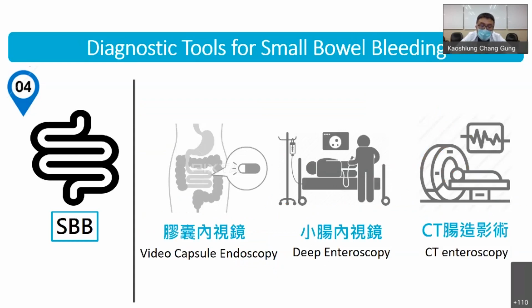How about the diagnostic tools for small bowel bleeding? I think it's more complex than upper gastrointestinal bleeding and lower GI bleeding, because the small bowel is long and hard to approach.